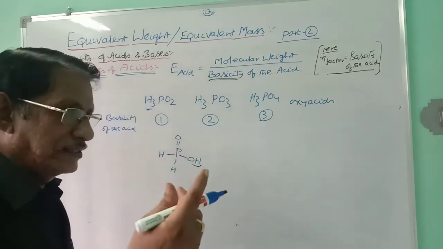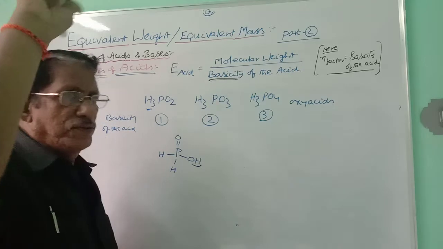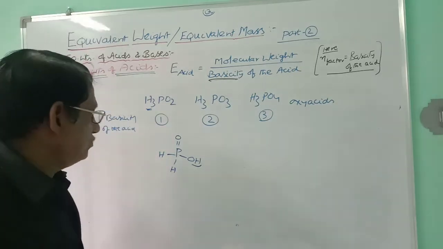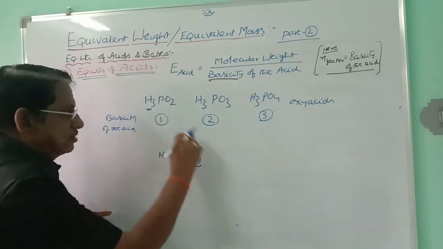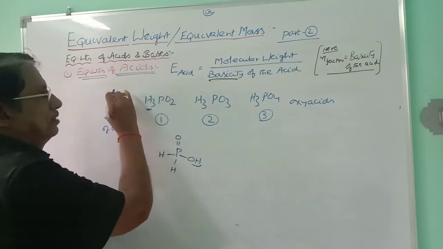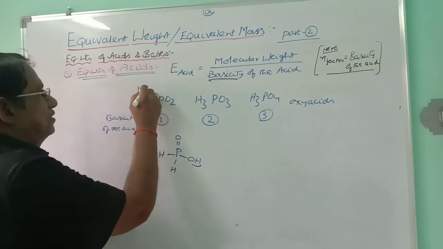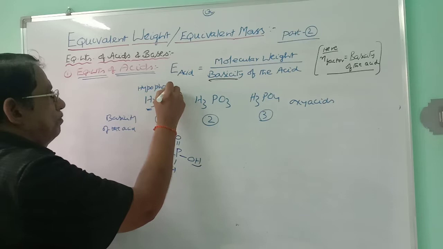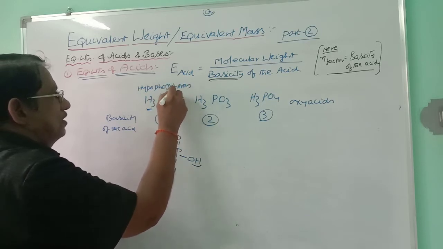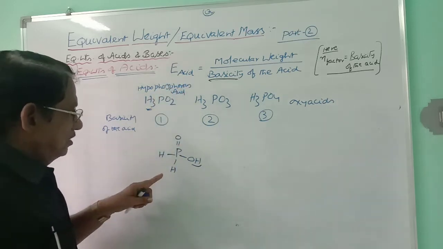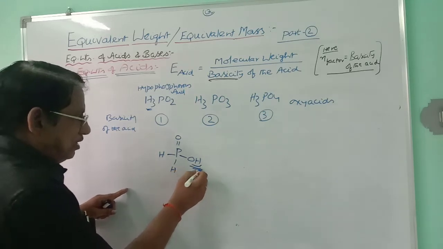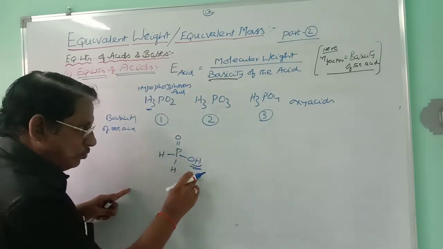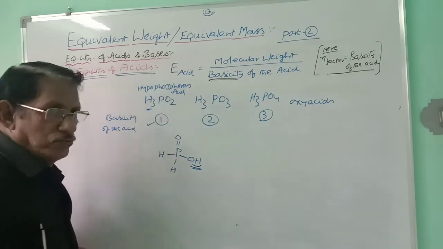Of course, H attached to chlorine is able to give because of electronegativity, that is different. And here, this is what you call hypophosphorus acid. In this case, only one OH group is there, and so replaceable hydrogen is only one.